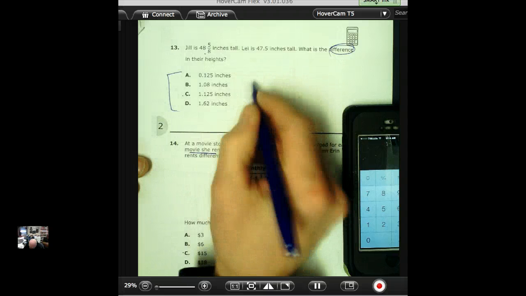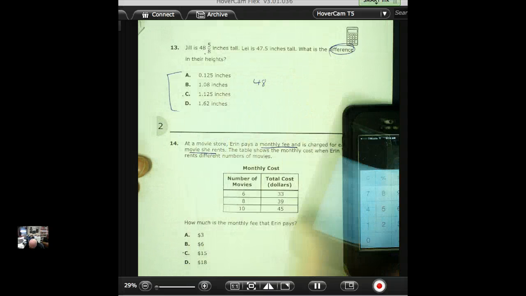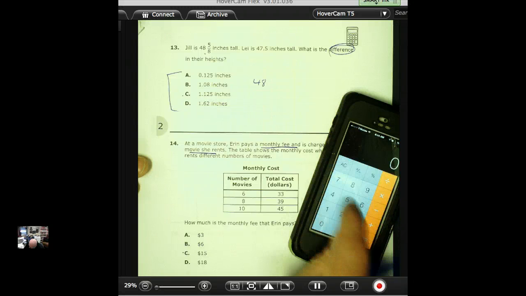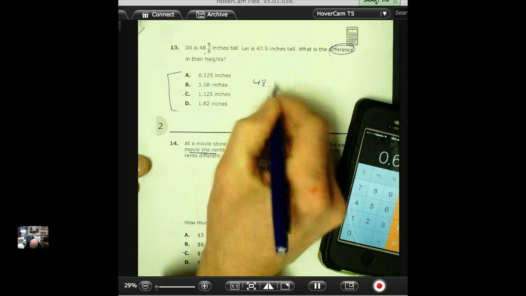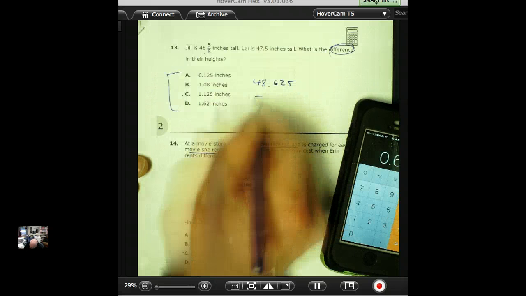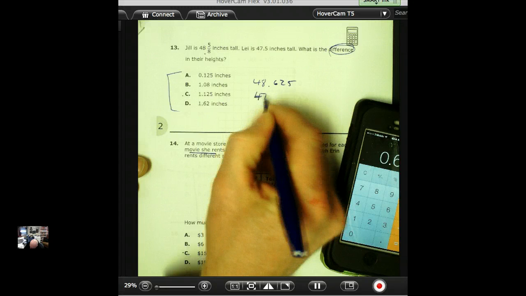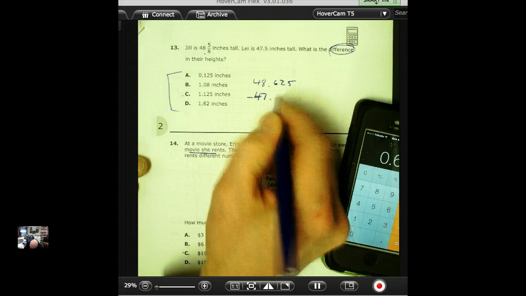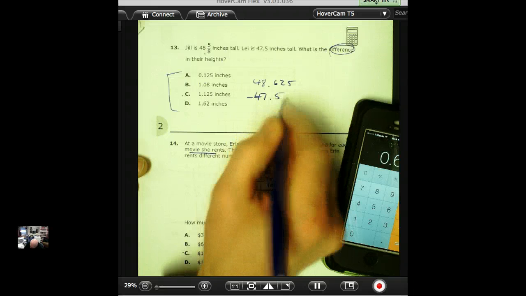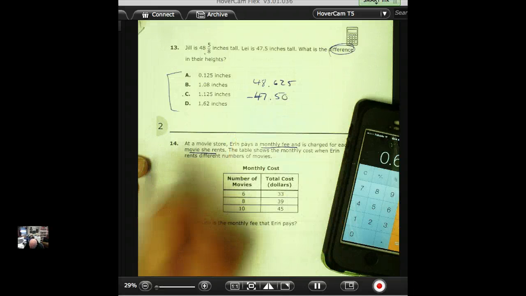So I've got 48, and I need to know what 5/8 is as a decimal. 5 divided by 8 is 0.625, and then I'm going to need to subtract 47 and a half inch, or 0.5 inches, and I'll just put that 0 placeholder there.